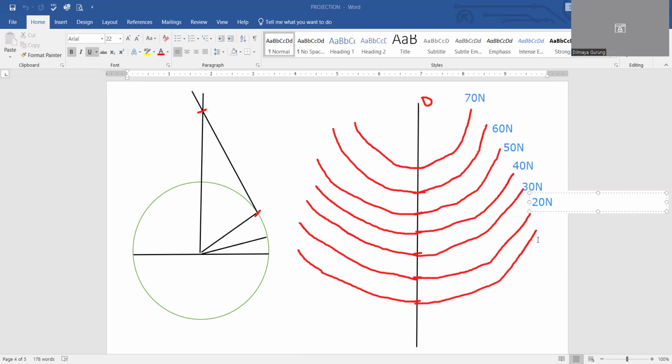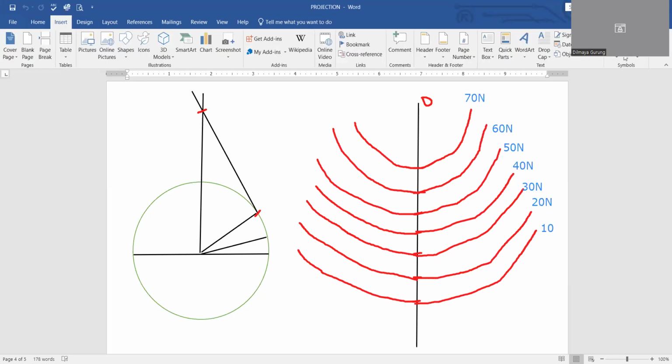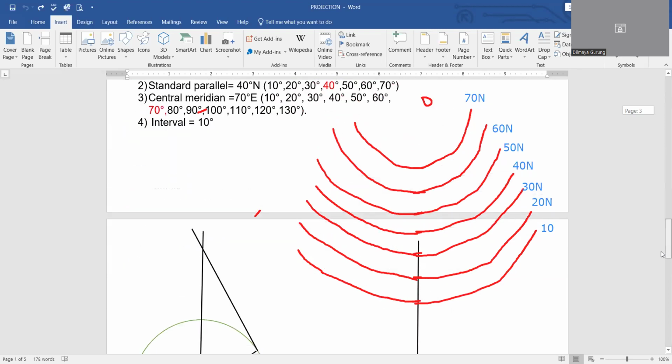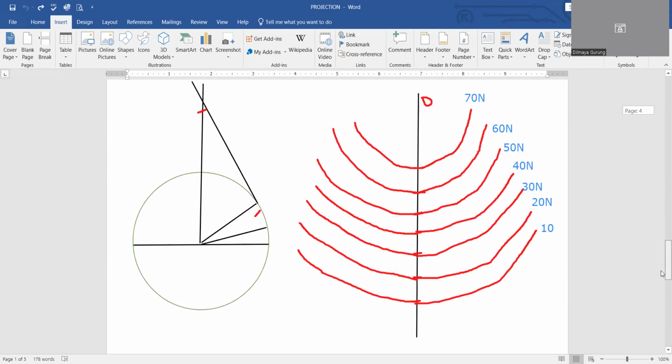And this is 10 degree, 10 degree north. Please write N here as well.